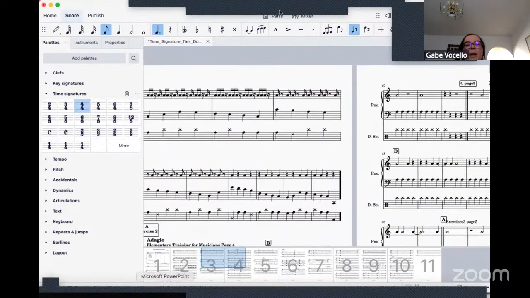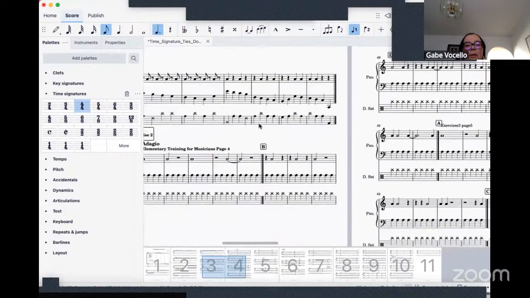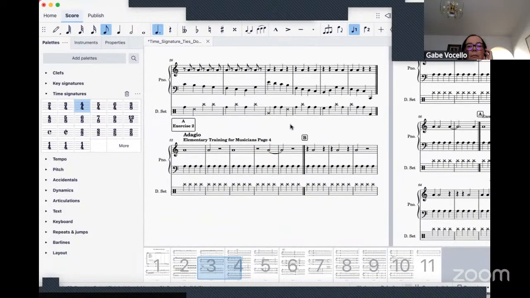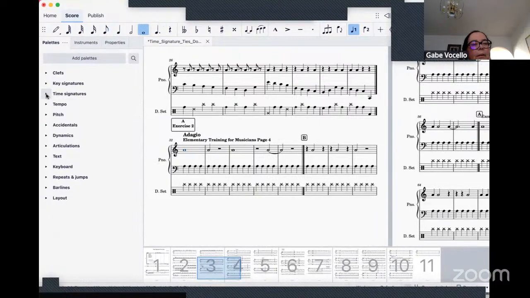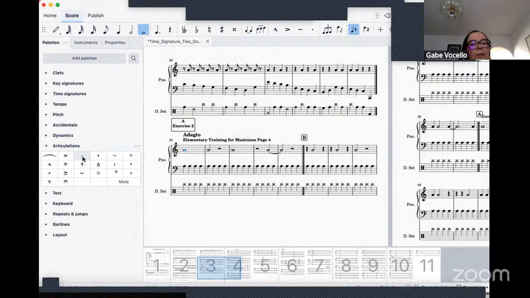There is a different type of dot. Let's see if I can find it here, okay? Okay, I found it. So this dot is called staccato.